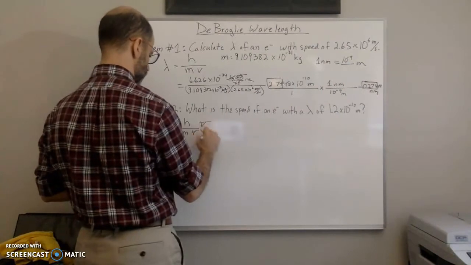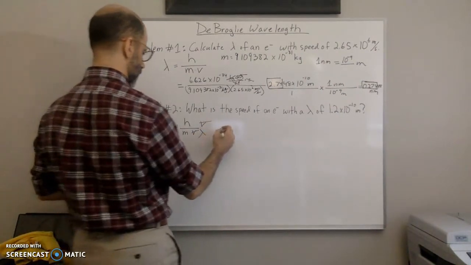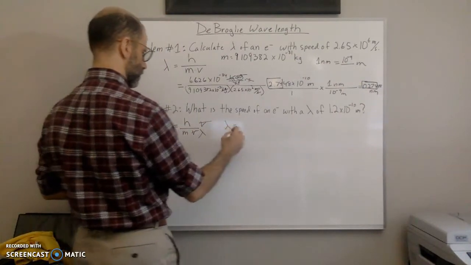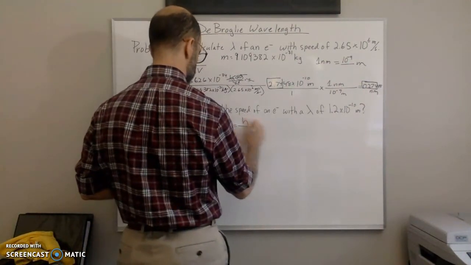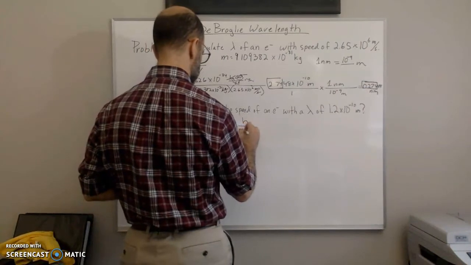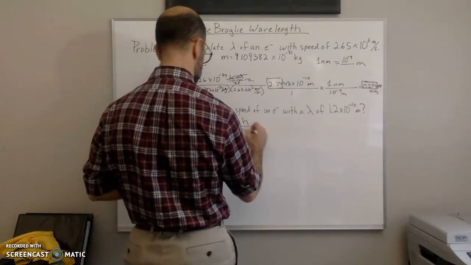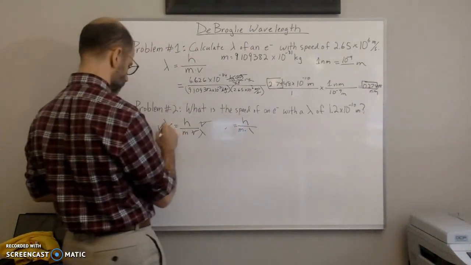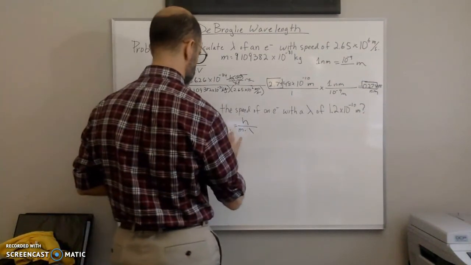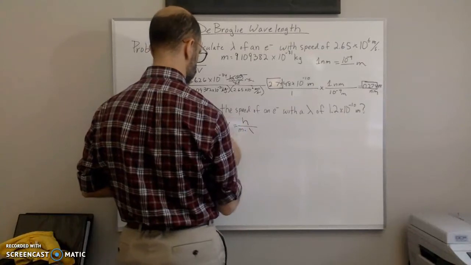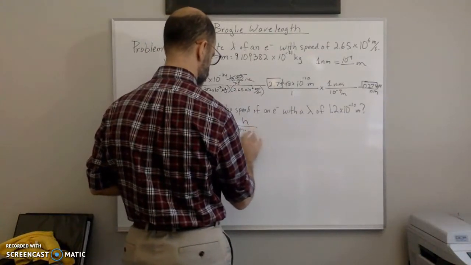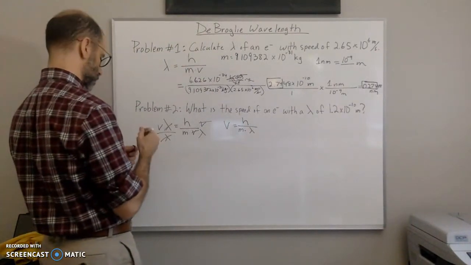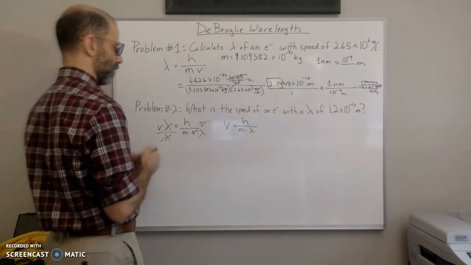So finally we get the equation: lambda, the wavelength, is equal to Planck's constant over mass times velocity. Lambda cancels out over here, and the velocity is equal to h divided by m times lambda.